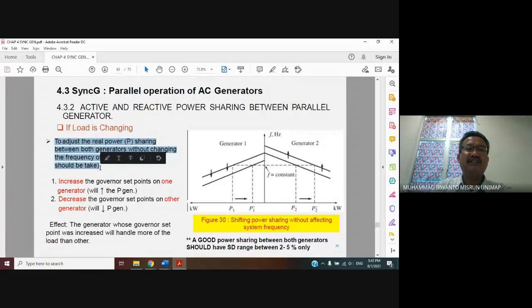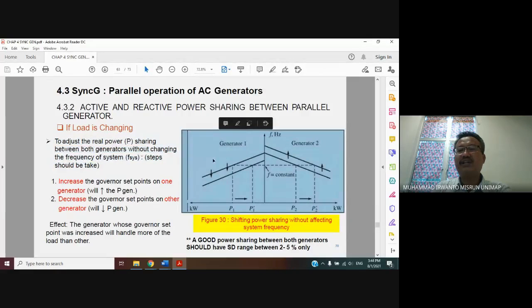To adjust the real power sharing between both generators without changing the system frequency, steps should be taken. We can see this illustrated in this power house diagram. The left side is for generator 1 and the right side for generator 2.